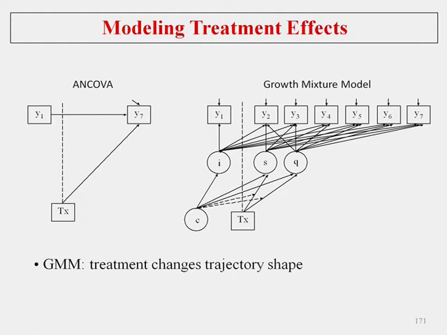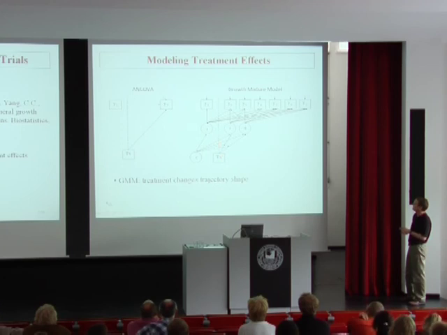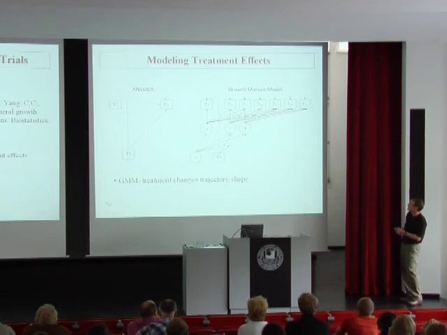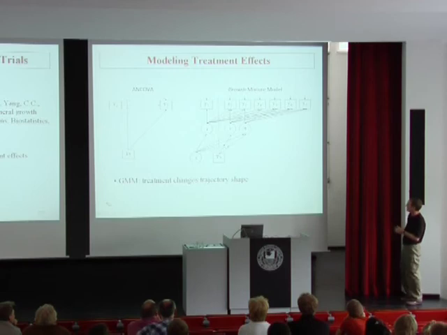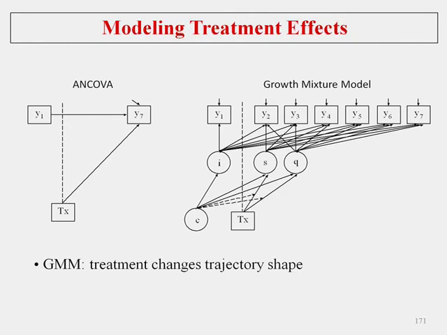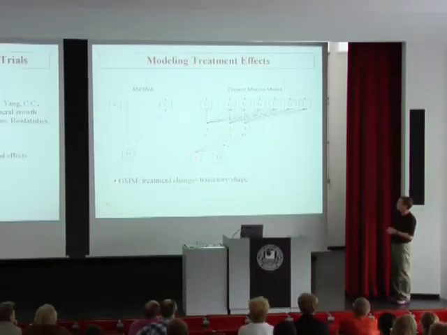So you have the intervention taking place here, and you center the growth model so that the intercept is defined at the pre-intervention time point, and therefore the treatment influences S and Q, namely the trajectory, the development, the change in development over time as a function of treatment, not the intercept, similar to the NIMH schizophrenia application.